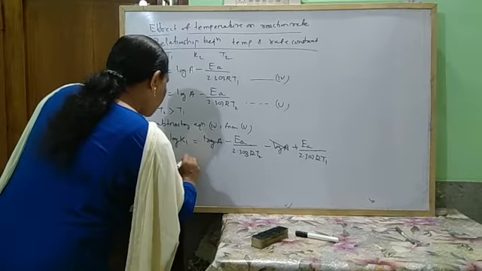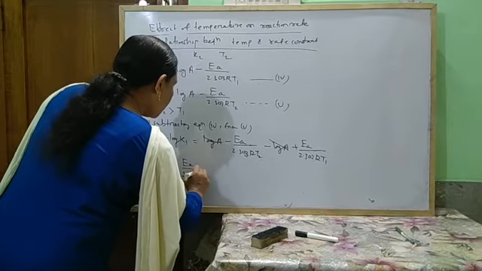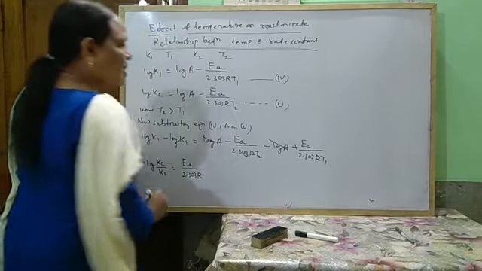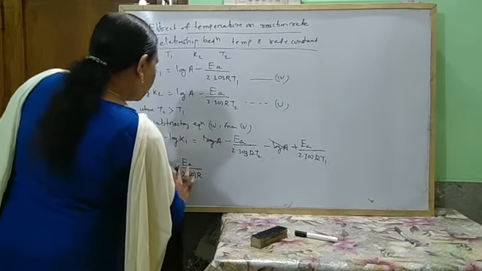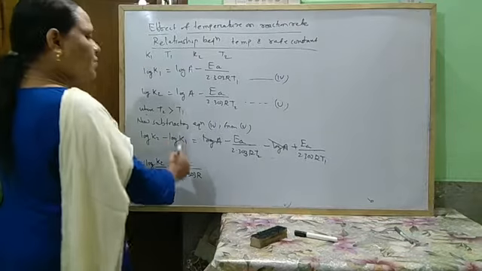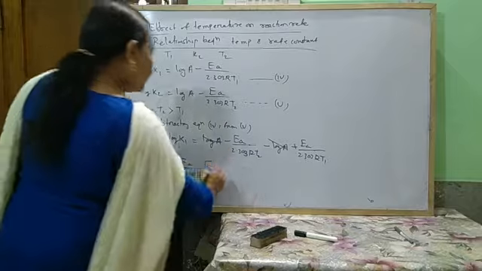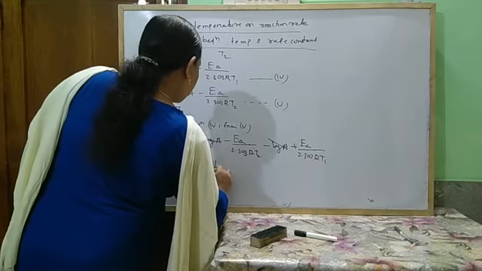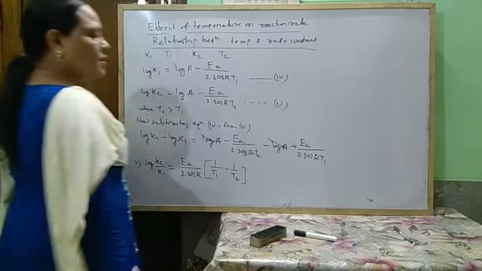Suppose you take the value Ea by 2.303 R as the common factor, then what we get? 1 by T1 minus 1 by T2.